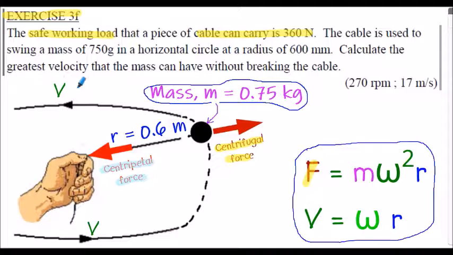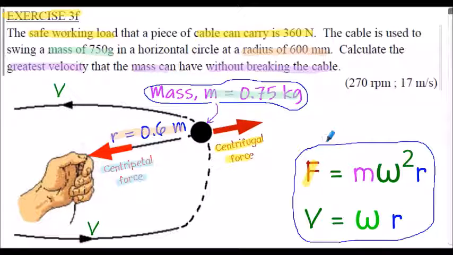The question states the mass to be swung is 750 grams, I've converted that to kilograms here, and we have the radius of rotation, it's 600 millimeters, so r is 0.6 meters here. We've got to calculate the greatest velocity that the mass can have without breaking the cable.